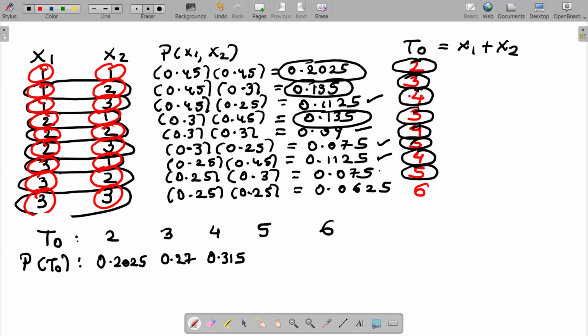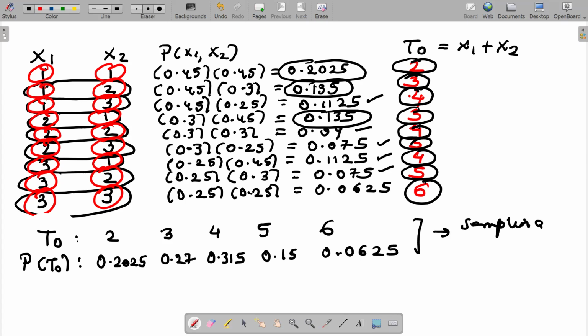So 0.075 plus 0.075 is 0.15. And 6 comes only once with the probability 0.0625. So this gives me the sampling distribution of T0. I can write sampling distribution of T0.